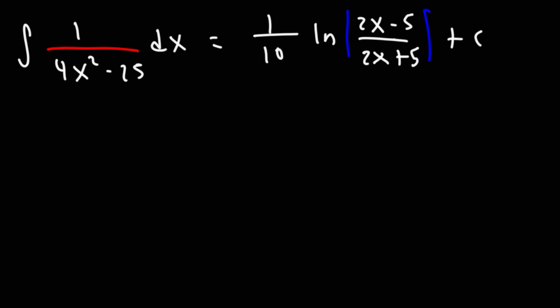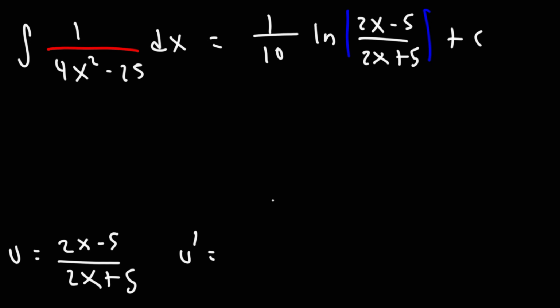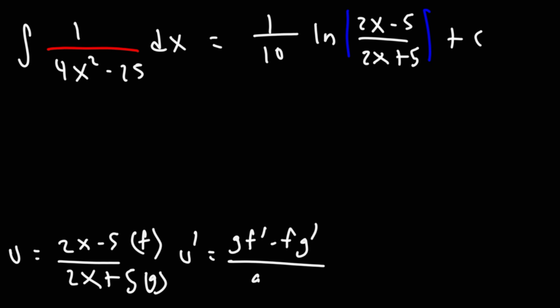Okay, so let's go ahead and differentiate the natural log. So u prime over u. u is going to be 2x minus 5 over 2x plus 5. For u prime, we need to use the quotient rule. So let's say the top is f, the bottom function is g. So it's g f prime minus f g prime over g squared.